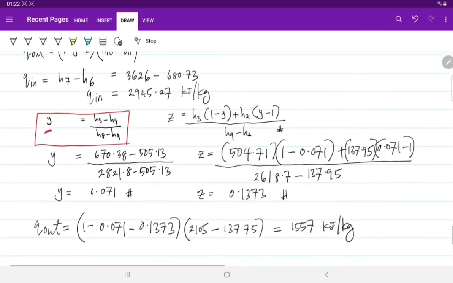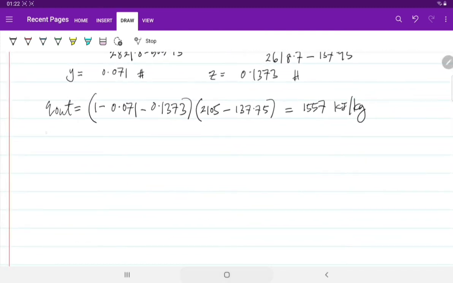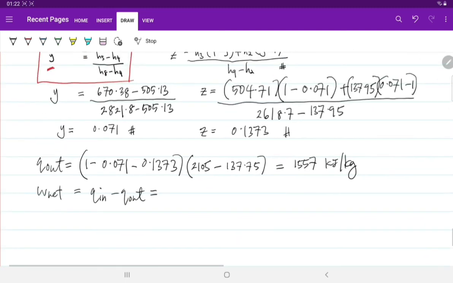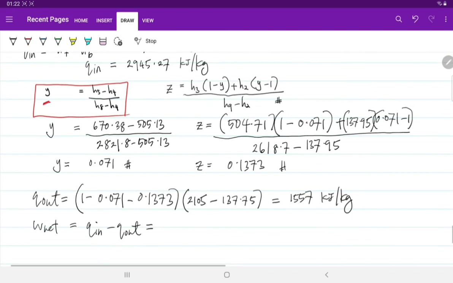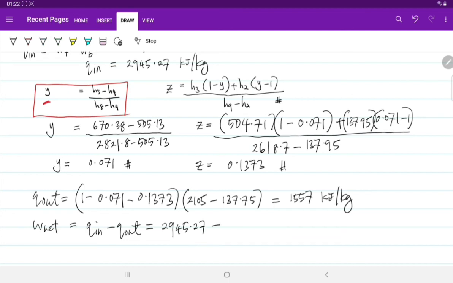So W net is Q in minus Q out. Q in minus Q out equals 2945.27 minus 1557 equals 1388.